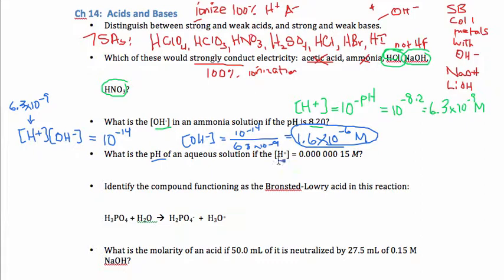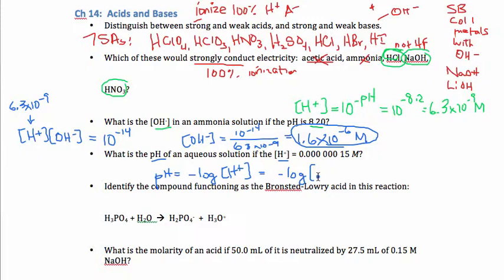Alright, what is the pH if the H plus is this? So pH is minus the log of the H plus. These relationships here are reciprocals. They're saying the same thing. In this problem, because I'm given the H plus, I want to log it, and it will be a negative number, and I'll make it positive. pHs are positive. Okay, they're always positive.